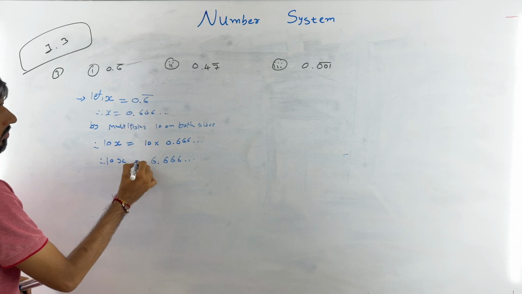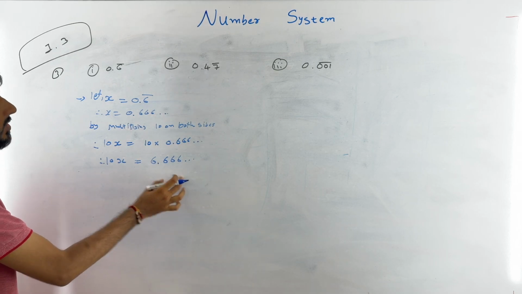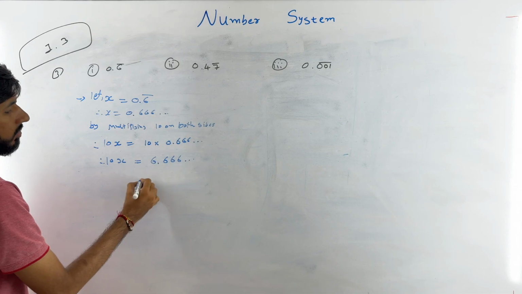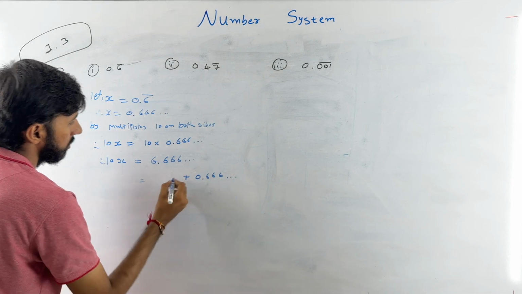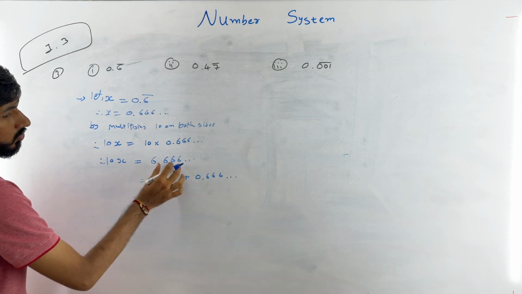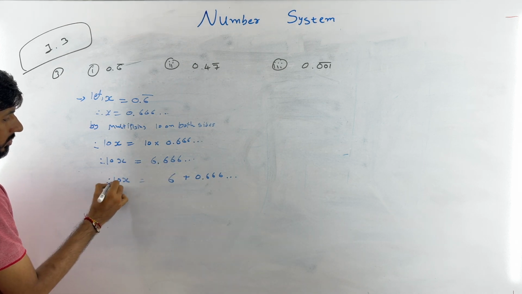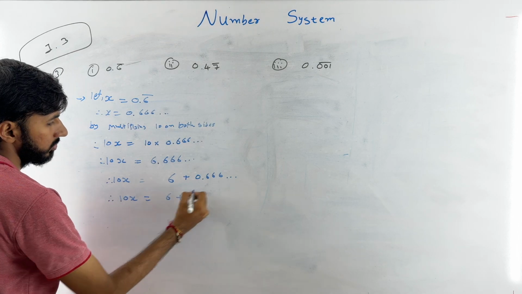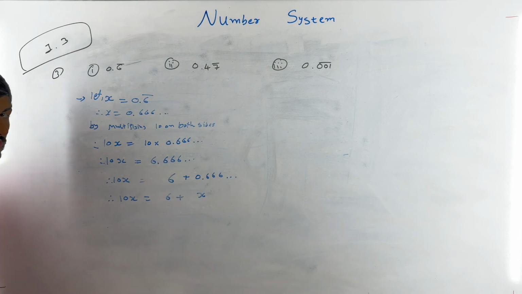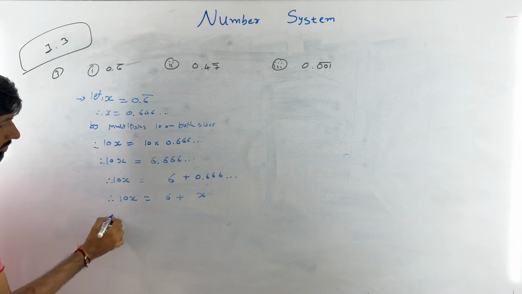Now here is an important step. We will separate it in such a way that we can use x here. So let me write the value of x as it is, and I have to write 6 here to make this 6.666, right? Here 10x as it is. Now 10x equal to 6 plus, I can write x instead of this because we already assumed that x equal to 0.666.